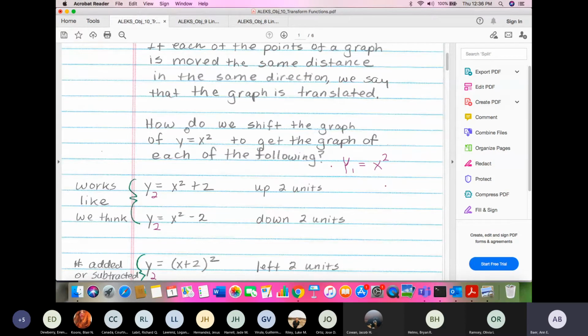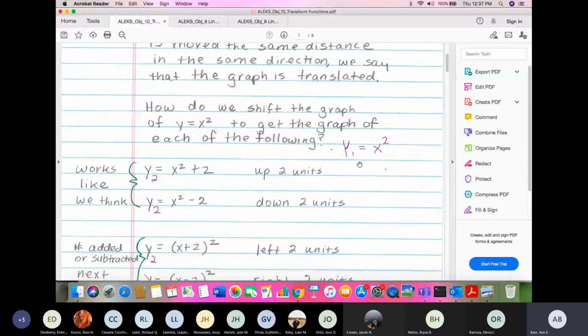That is a parent function right here, where y we could replace by f of x, g of x, h of x, and so forth. So how do we shift the graph of y equals x squared to get the graph of each of the following? In y1 of our calculator, we want to put x squared.